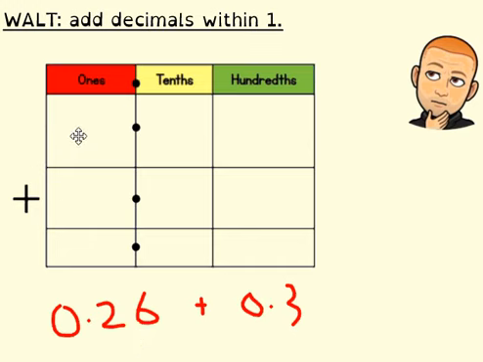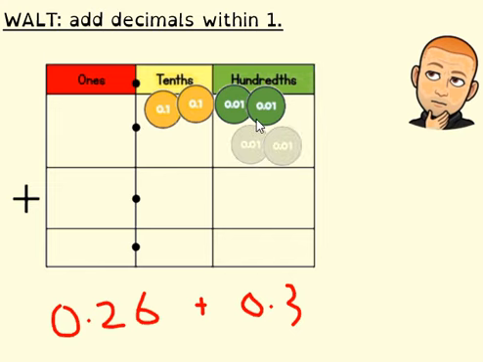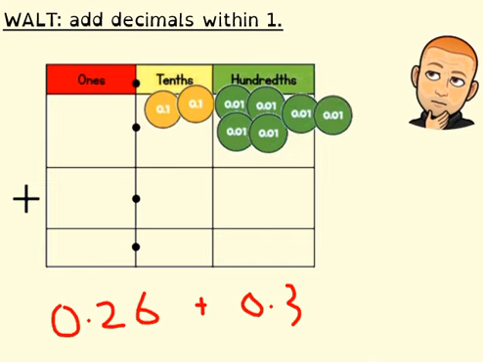So 0 ones, 2 tenths, and 6 hundredths. And then 0.3: 0 ones, 3 tenths. 0.3 is the same as 0.30.